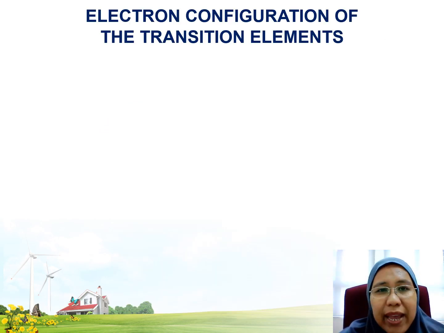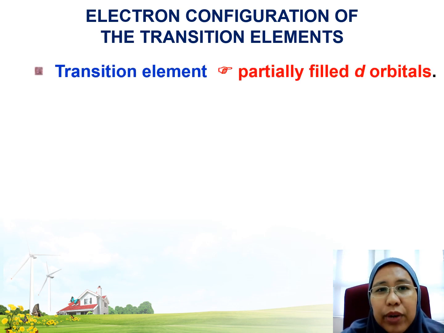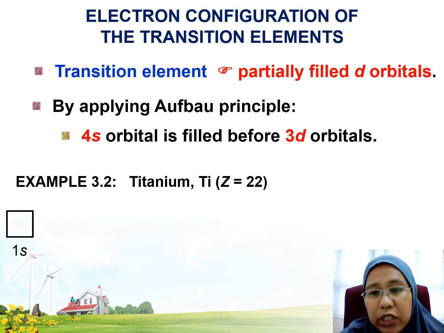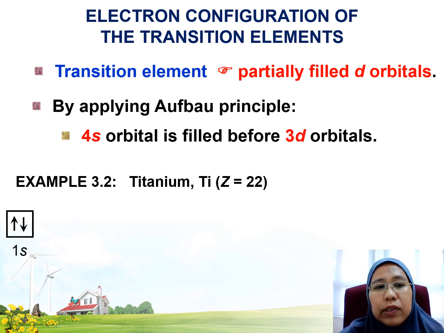Now let's look at the electronic configuration of titanium, Ti. It has proton number 22, so it has 22 electrons. Basically, we want to put the first 2 electrons in orbital 1s. And then you put the next 2 electrons in the orbital 2s.